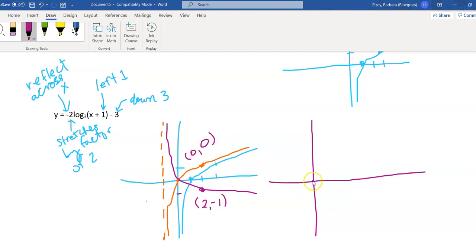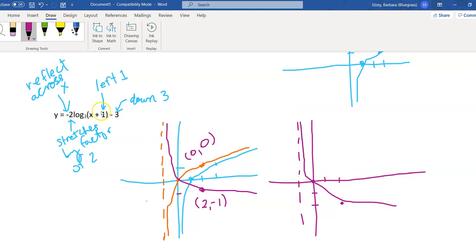So we're still going to have it going through 0, 0. But if I multiply this y value by 2, we'll get 2, -2. Notice it's only the y value. So it's going to end up there. And then I still have that asymptote. So now that we've stretched the graph, it's going to look like that. I missed, but you get that general idea there.